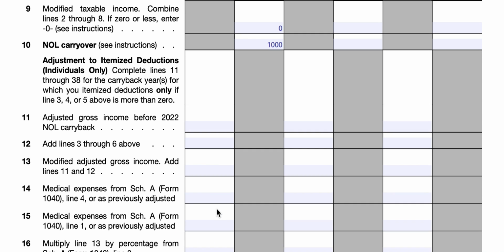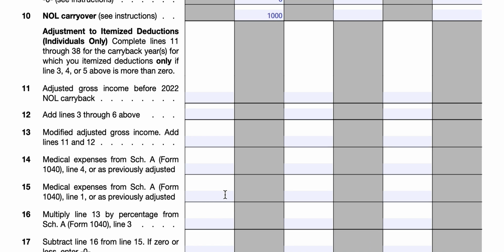On line 14, you're going to enter medical expenses from Schedule A, line 4, and then on line 15, you'll enter your medical expenses from Schedule A, line 1. In line 16, you're going to multiply your modified adjusted gross income by the applicable percentage from line 3 on Schedule A. So depending on your age, you may have different calculations.